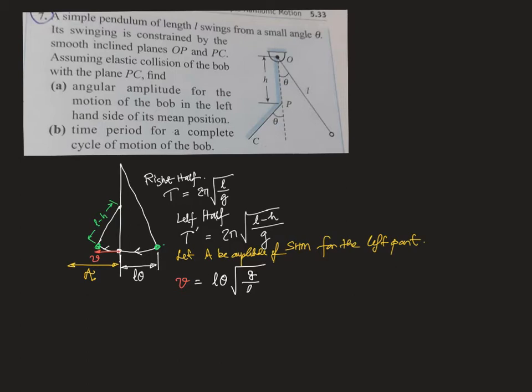Omega is root G by L. Now this is equal to A, meaning if it were full SHM in the left part, this would have been the amplitude. And if you neglect the collision with the inclined plane there, it would have been swinging up to that distance in the absence of the inclined plane.